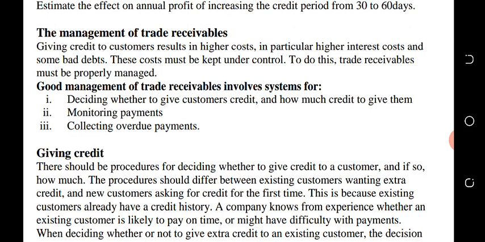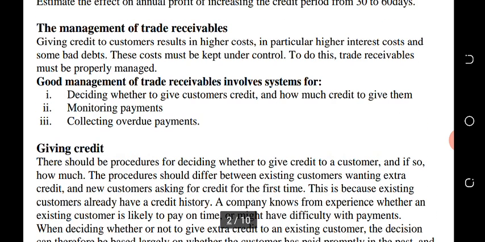So these are the 2 or 3 main expenses that the company will suffer when giving out credit. These costs must be kept under control. To do this, trade receivables must be properly managed. So those 3 major costs must be controlled by the organization. So good management of trade receivables involves system 4. So how can we manage our trade receivables?